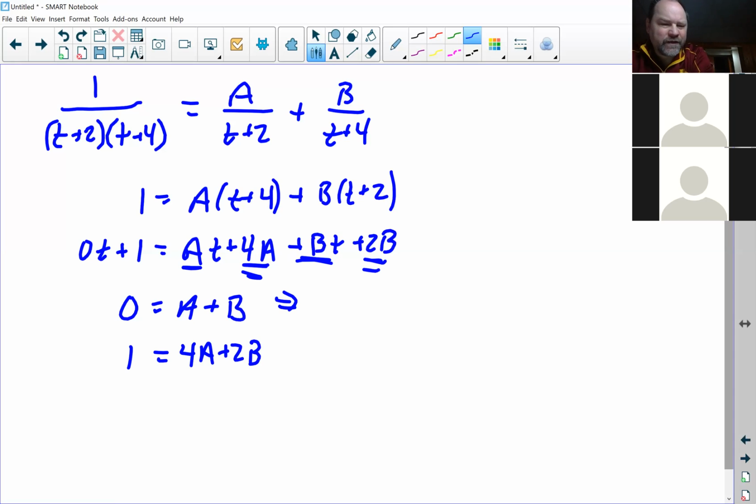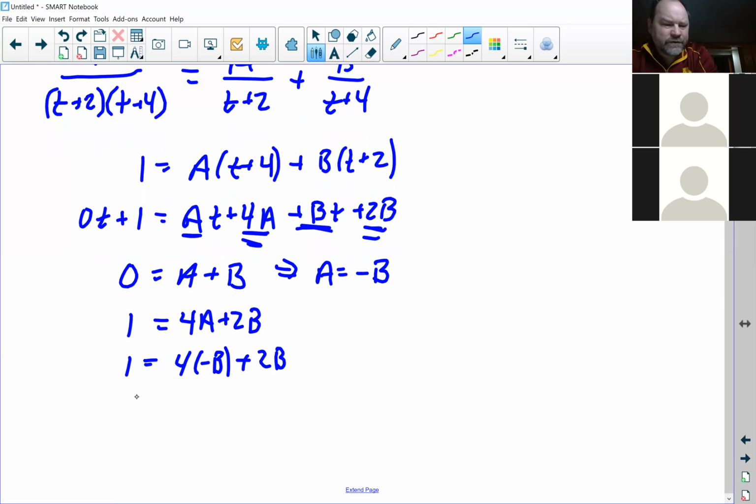I know that A would have to be the opposite of B. So if I put in a negative B here, B would be negative 1/2. Because A is the opposite of B, A would be a positive 1/2.